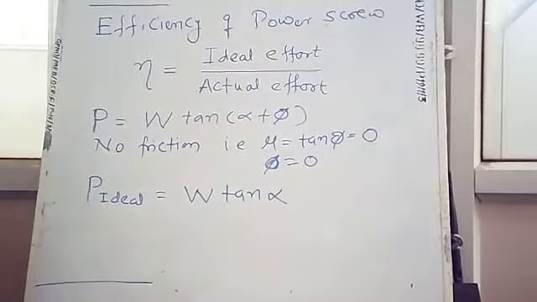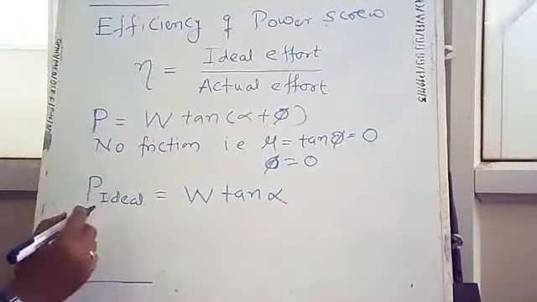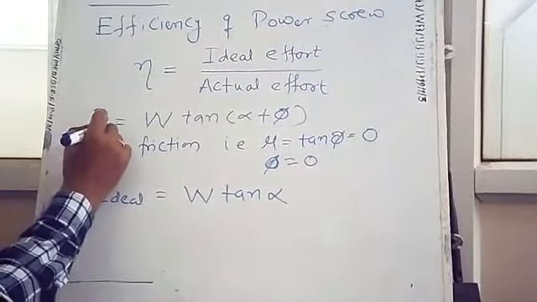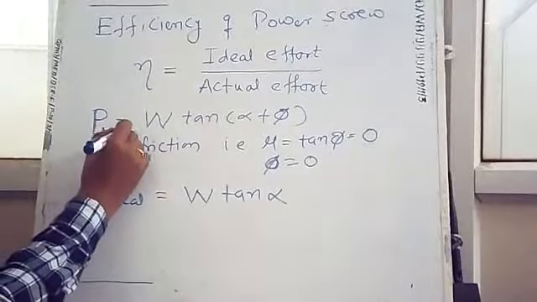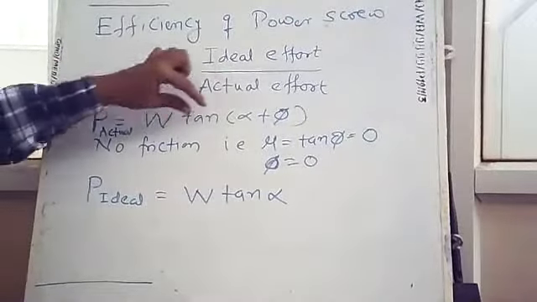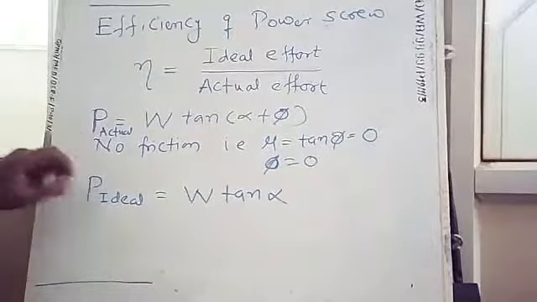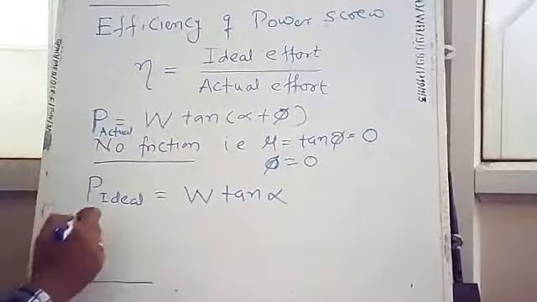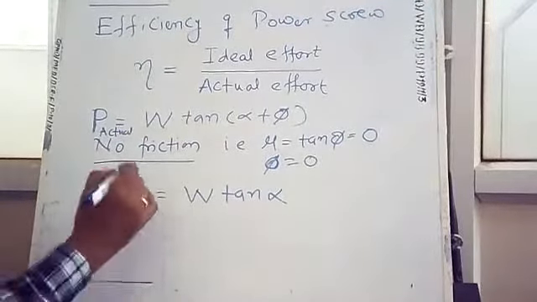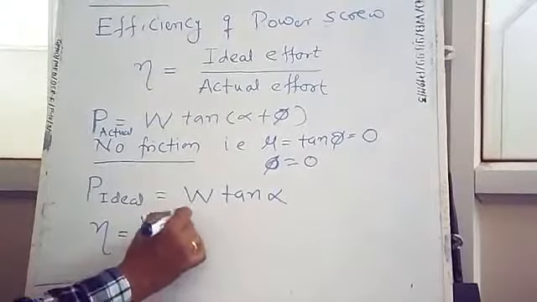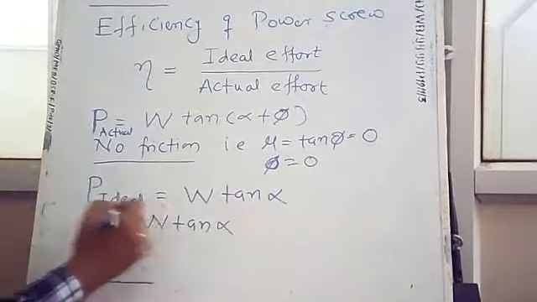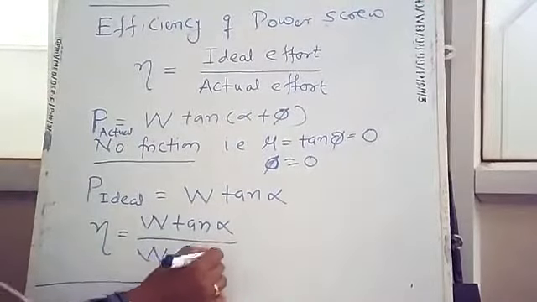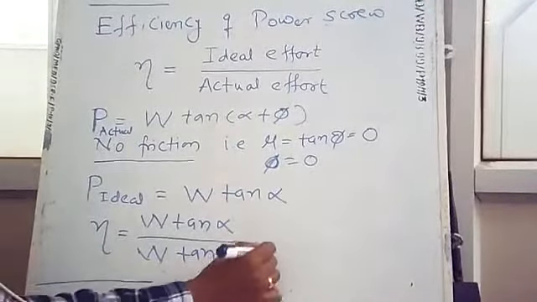Okay. So with this we can write the equation. This is the actual effort. Actual effort is W tan of alpha plus phi. If there is no friction, then phi is 0. Then efficiency equals W tan of alpha, which is ideal, divided by W tan of alpha plus phi.